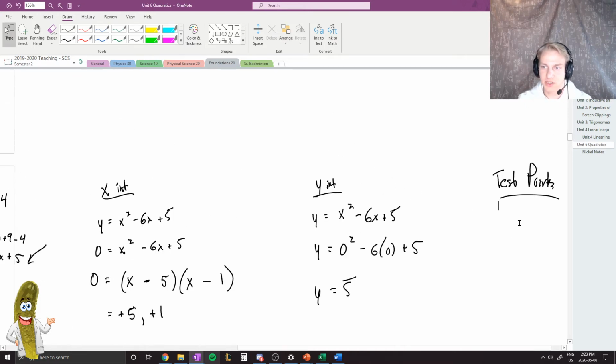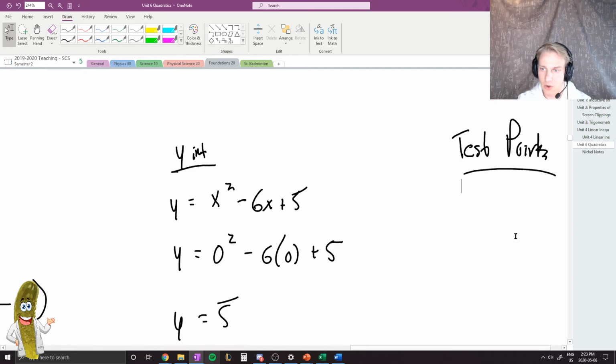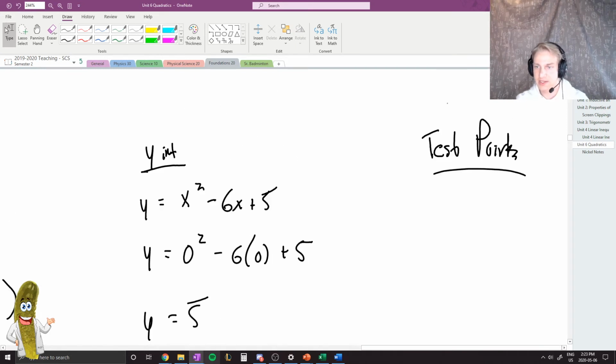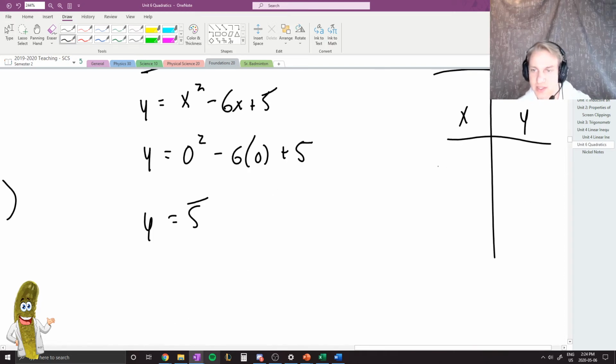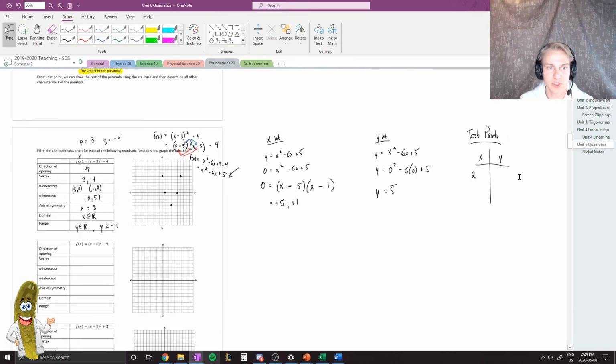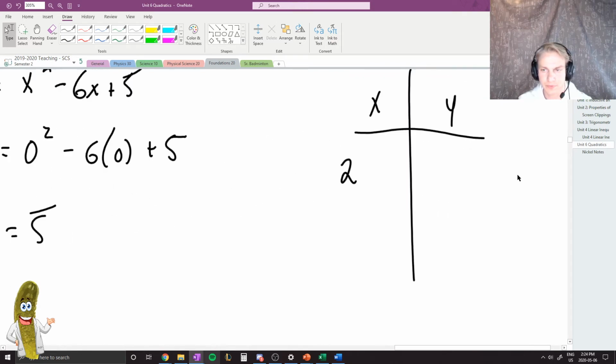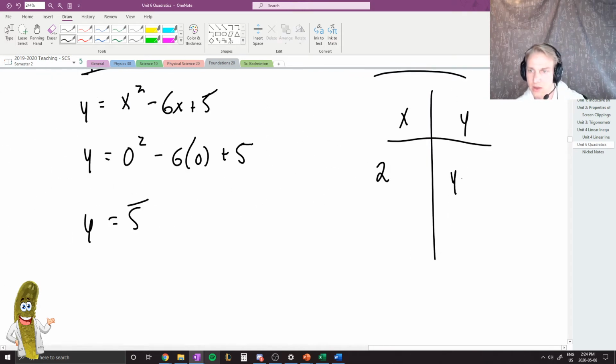So we knew that the vertex was at x is equal to 3, y is equal to -4. So I just want to check when x is 2, what is y equal to? And so I would plug x is equal to 2 into my equation, and I would have y is equal to 2 minus 3 squared.